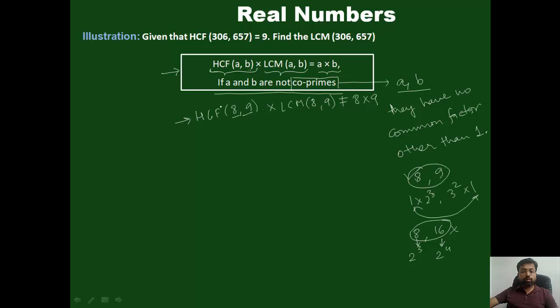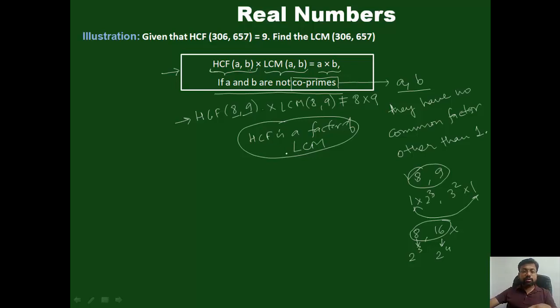Now, this would also mean that the HCF is a factor of LCM. Using this particular statement that A and B are not co-primes would mean that the HCF is a factor of LCM.